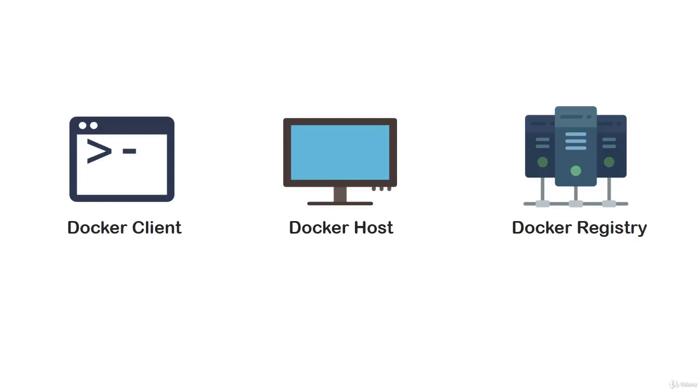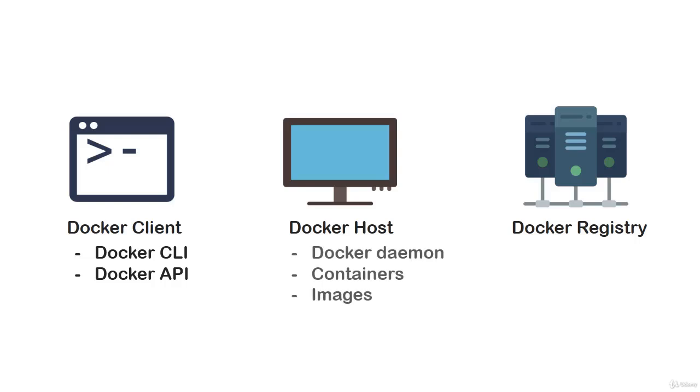Let's sum up all of these three components of Docker architecture. First of all, we have Docker client, which passes requests through Docker CLI and APIs and receives results to be displayed. Then we have Docker host, which also runs Docker daemon and works with Docker images and containers.